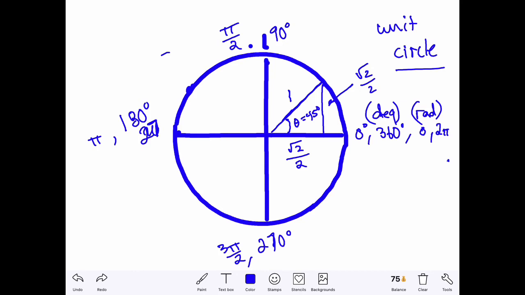So that should complete the 3 special triangles in the first quadrant. Remember, quadrant 1, quadrant 2, quadrant 3, and quadrant 4. Notice in the first quadrant, both my sides are positive.